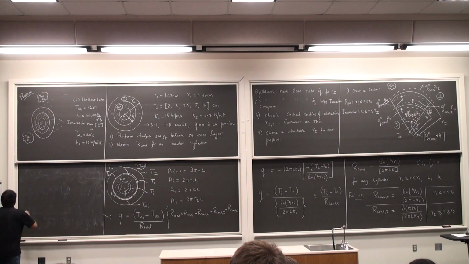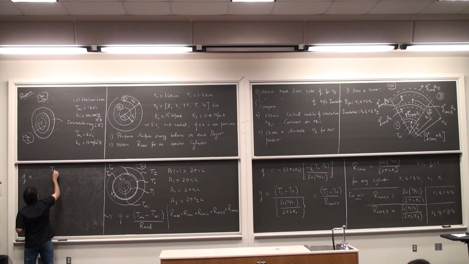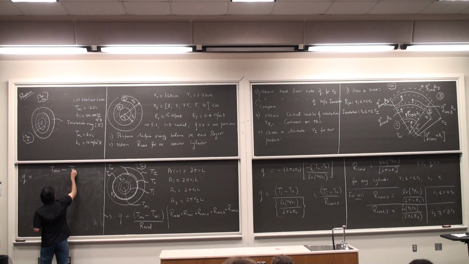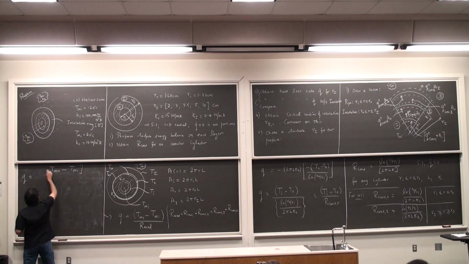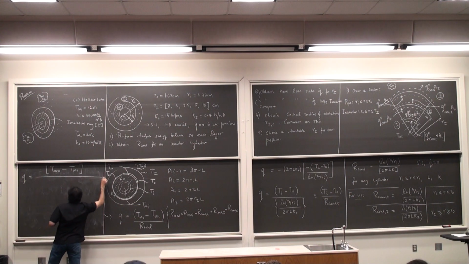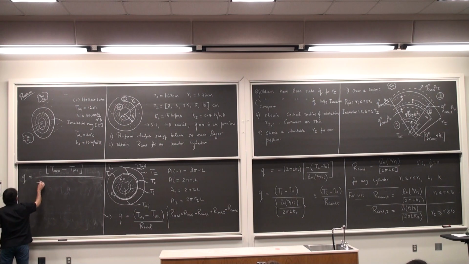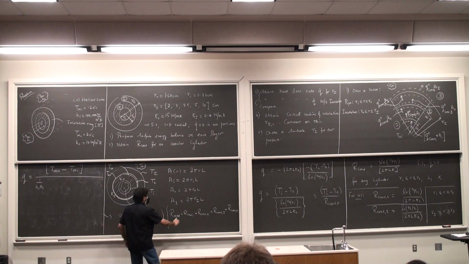Okay. So Q, back to our problem, is T infinity naught minus T infinity I divided by 4 resistances. First one is the convective resistance, so that's going to be 1 by Hi Ai.